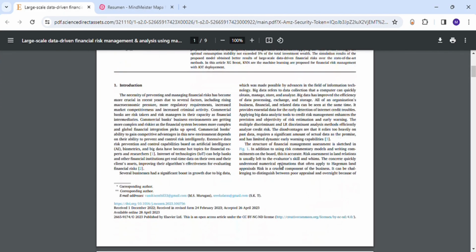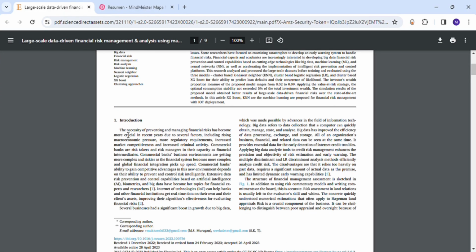Entonces, empecemos. Bueno, Introduction. The necessity of preventing and managing financial risk has become more crucial in recent years due to several factors, including rising macroeconomic pressure, more regulatory requirements, increased market competitiveness, and increased criminal activity. Commercial banks are risk takers and risk managers in their capacity as financial intermediaries.